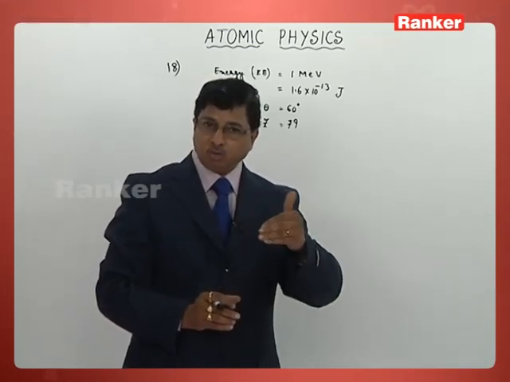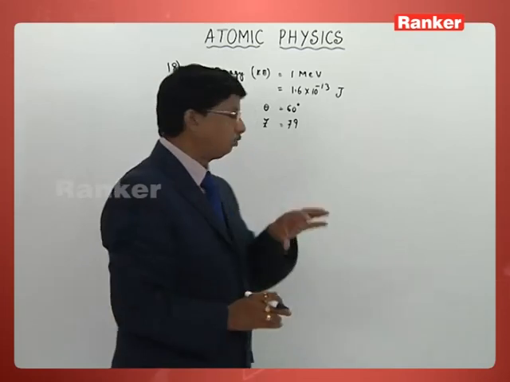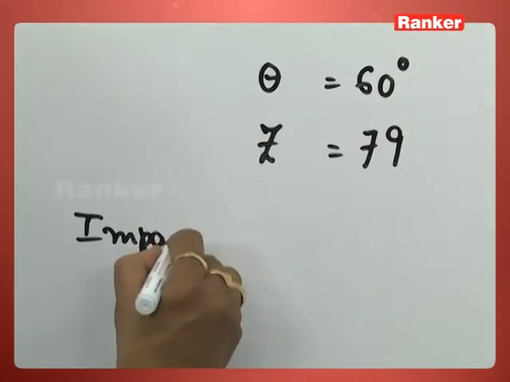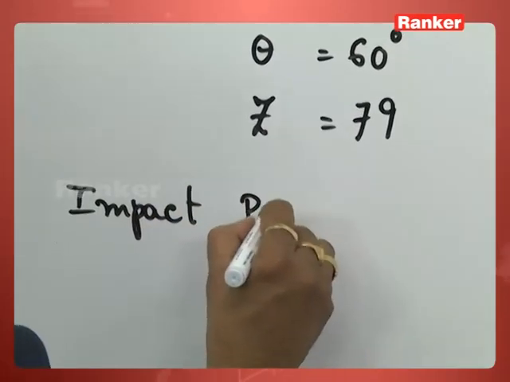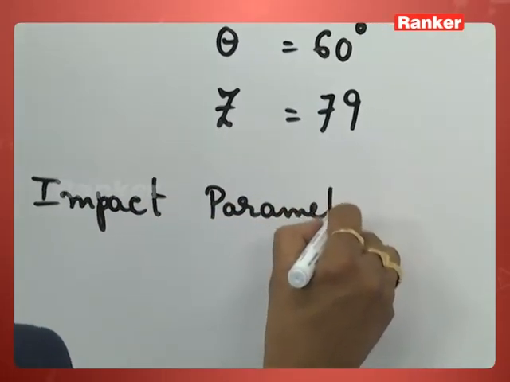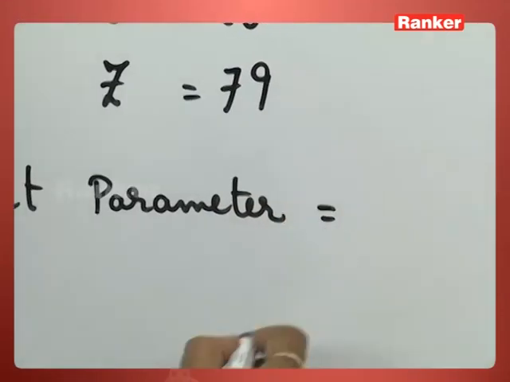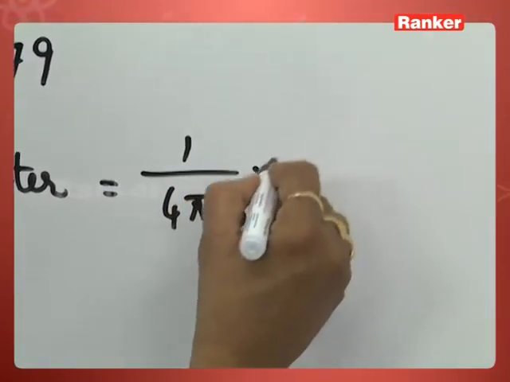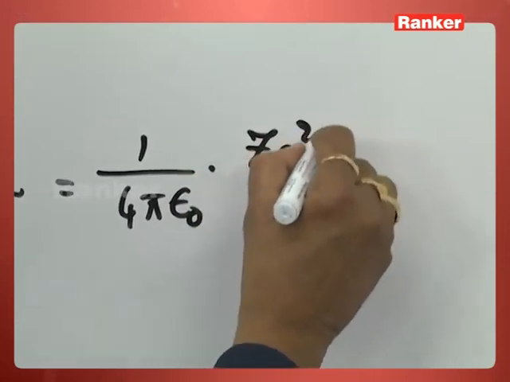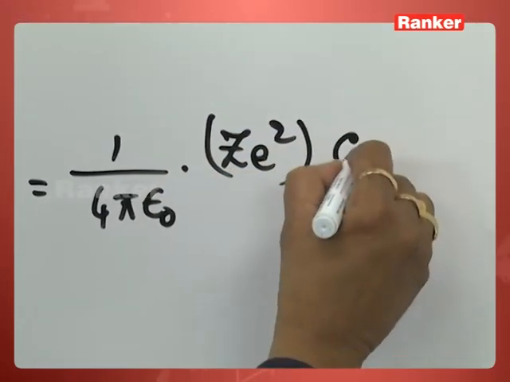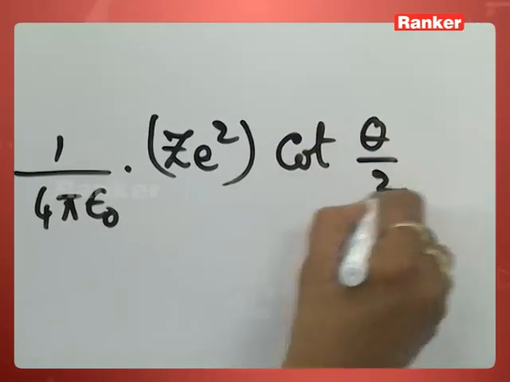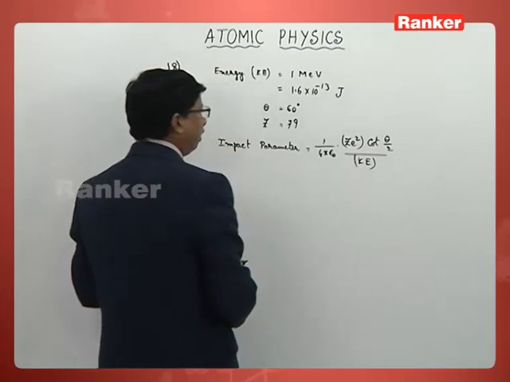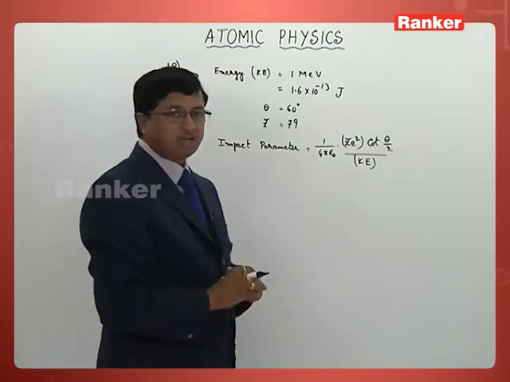So if you just look at the next one, what is the question he is asking? What is the impact parameter? Impact parameter is 1 by 4 pi epsilon naught, ZE square, cot theta by 2, by the kinetic energy of that particle which has been scattered by it.